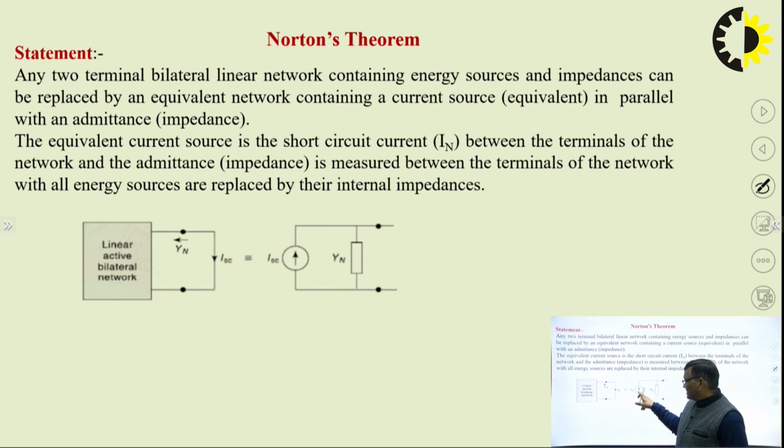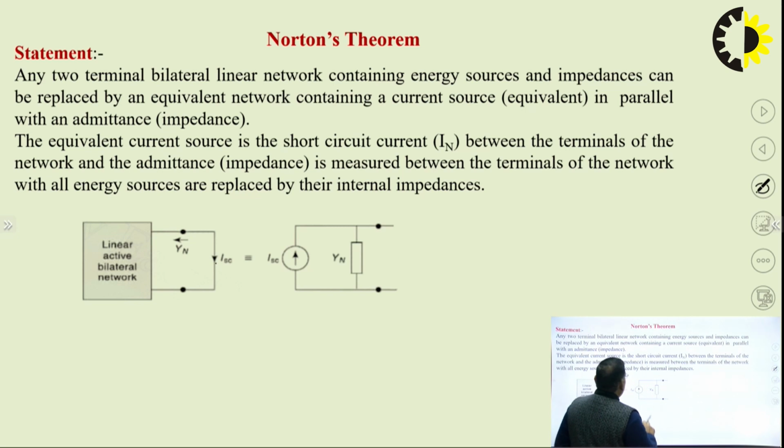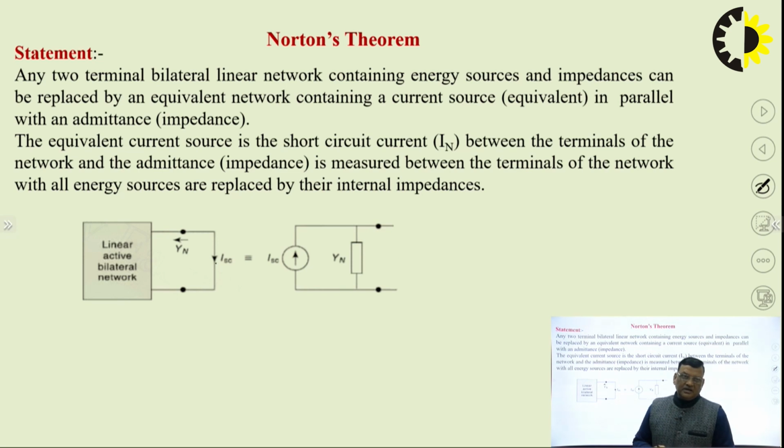This is the short circuit current across the terminals of the network, and this Yn is the equivalent admittance of the network. The procedure to calculate Yn or Zn is the same as we discussed in case of ZTH.